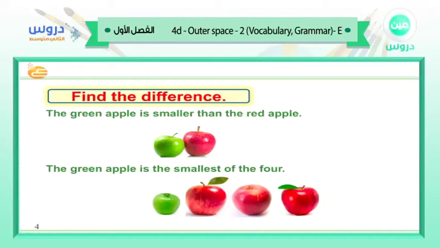The smallest is the green apple. So here we compare the red and the green one, and here we compare the green one with all the apples. Okay?